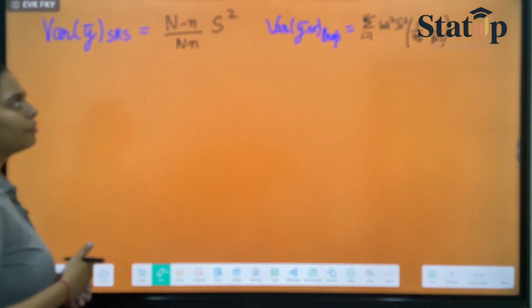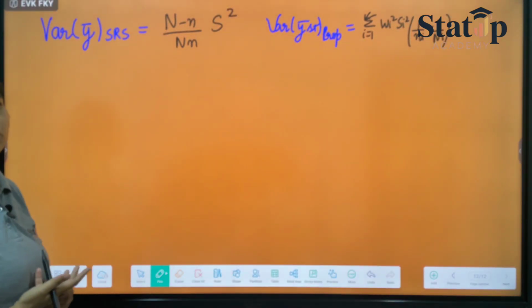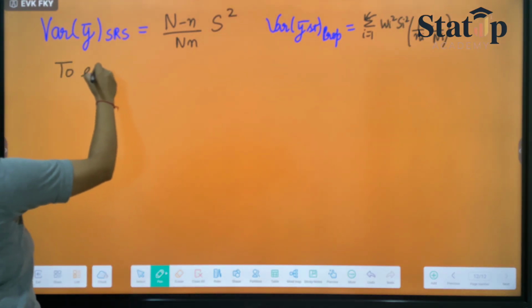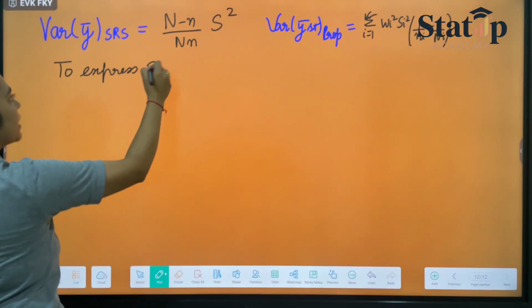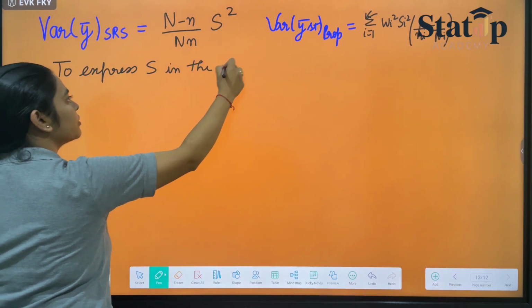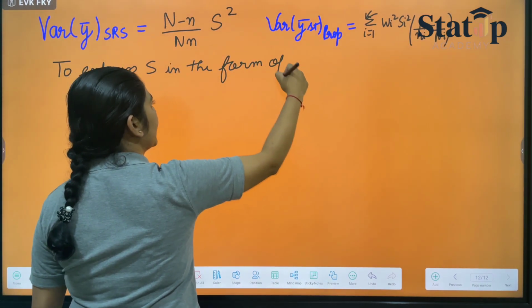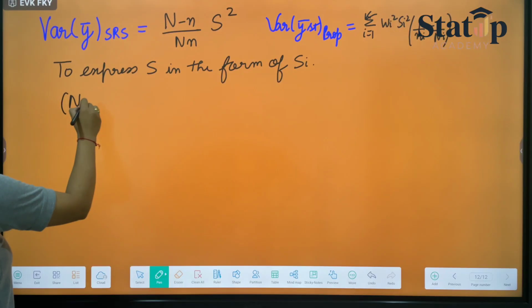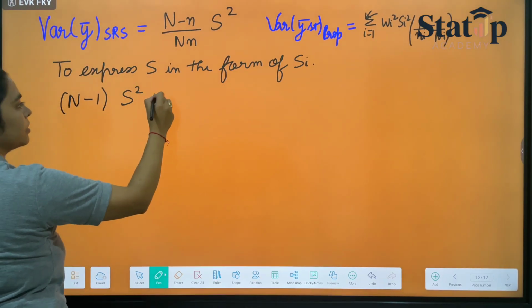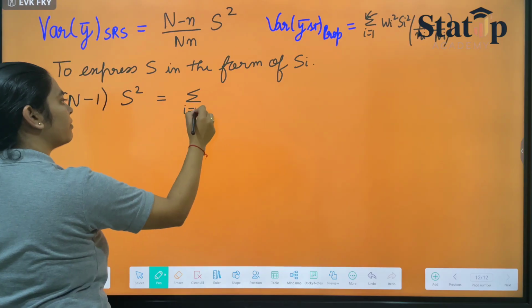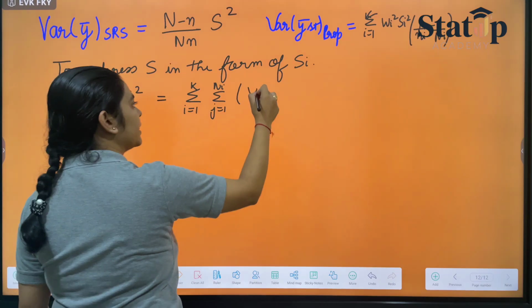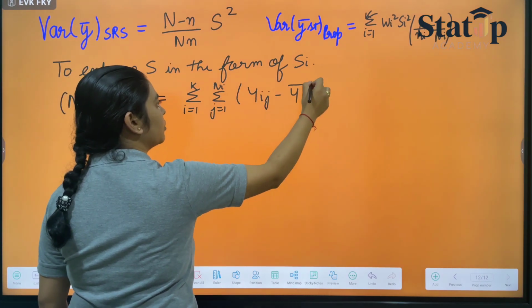Now, first of all, we have to find the relationship between Si and S. So, to express S in the form of Si, we will take the formula: n minus 1 S square is nothing but summation i goes from 1 to k and summation j goes from 1 to ni yij minus y bar whole square.